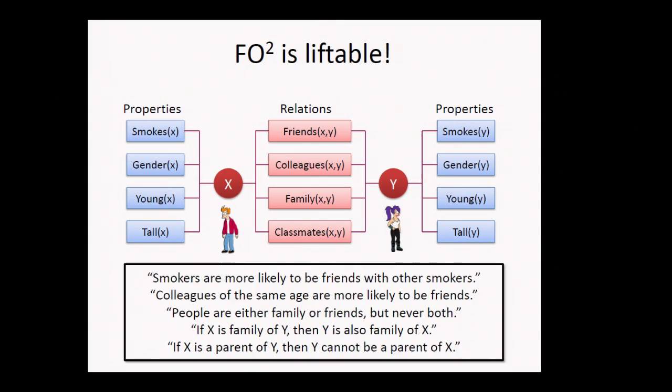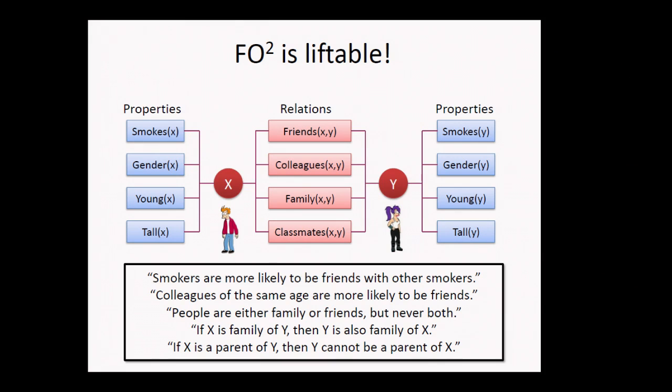And now what this theorem tells you is that it doesn't matter what you come up with. You can write down any model or learn any model that makes statements of this form, where you say something about the relationship between 2 people. So for instance, you can say that smokers are more likely to be friends with other smokers. We saw that before. Colleagues of the same age are more likely to be friends.